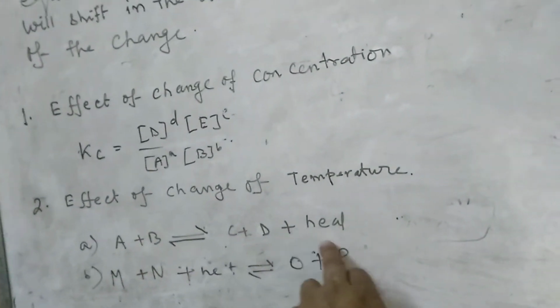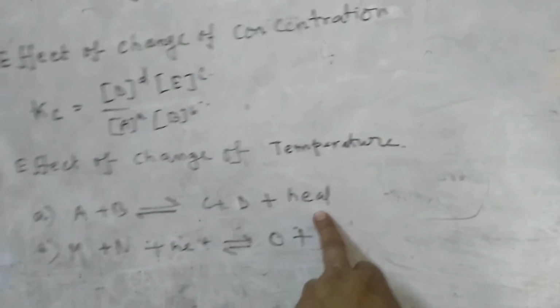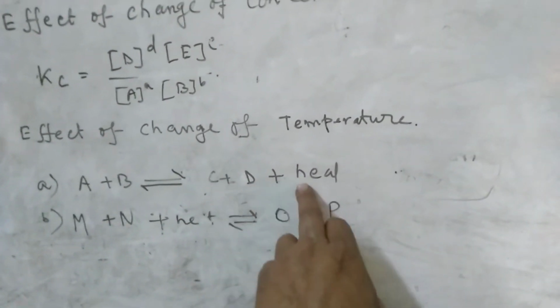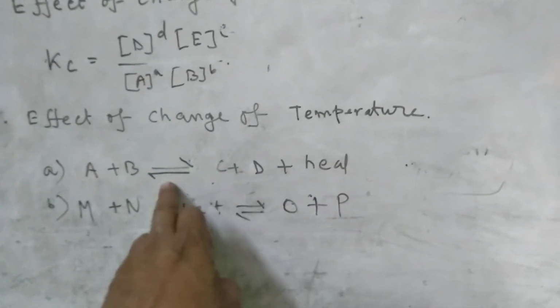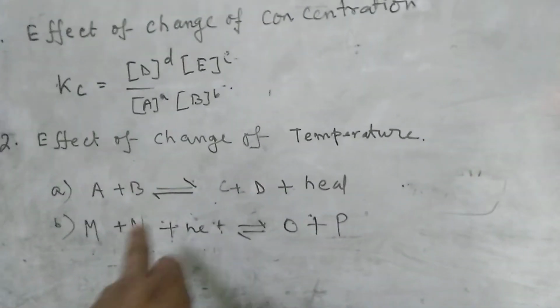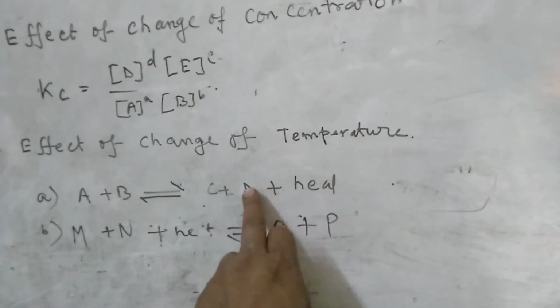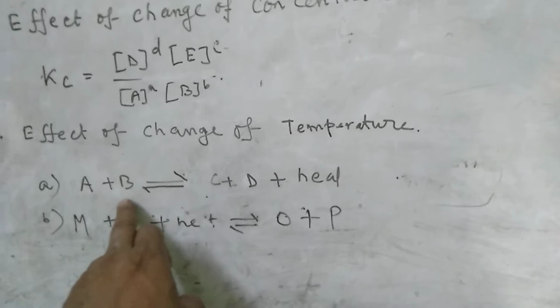In this exothermic reaction, if we apply heat, the heat is required in the backward reaction where C and D combine together to form A and B. So in case of exothermic reaction, if we increase temperature, the reaction will proceed towards the backward one.